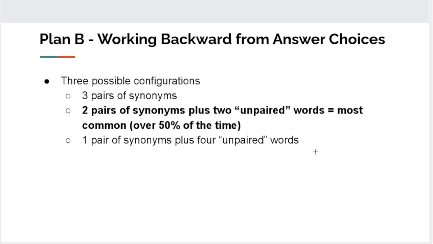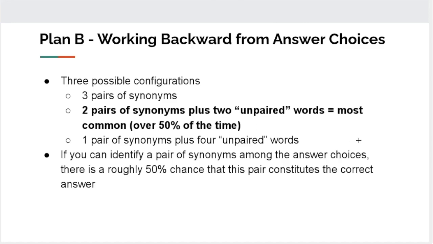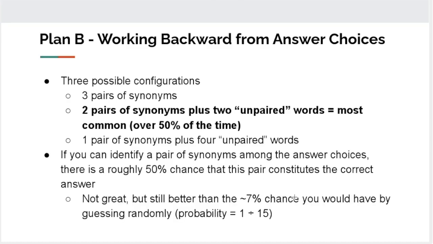But thinking about this mathematically, if you can identify a pair of synonyms among the answer choices, you have a roughly 50% chance that that pair makes up the correct answer. 50% is not the greatest, but it's better than the chance that you would have by guessing randomly. So purely randomly, you pick two options. We don't need to get into the math of how to calculate that probability, but it would be about a 7% chance, so not very good.